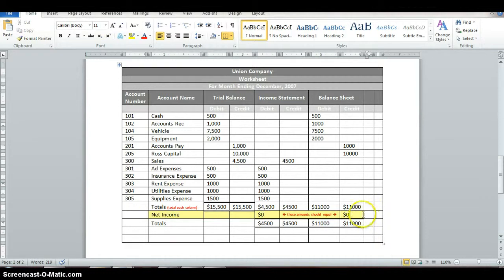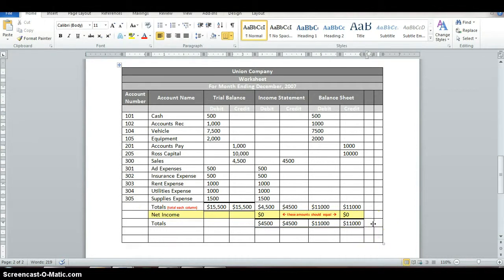So again, I don't like this particular example in this assignment just because it breaks even. So don't count on that every time. We should have some positive or negative numbers here depending on if we had a net income or a net loss. And then you would add those totals together to get your final totals.